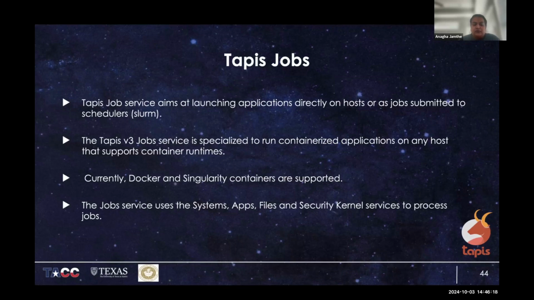Two container runtimes are currently supported, Docker and Singularity, and we also have Zip. The job service in turn uses all these services to run the job. We have seen the systems, apps, and files, and the security kernel is basically like a vault, a place where we store our secrets for authentication, credentials, and so on.